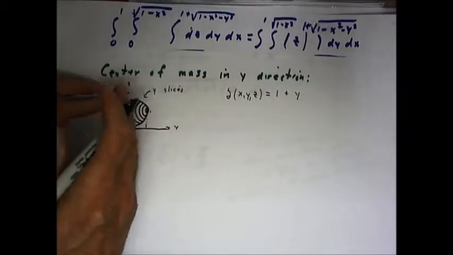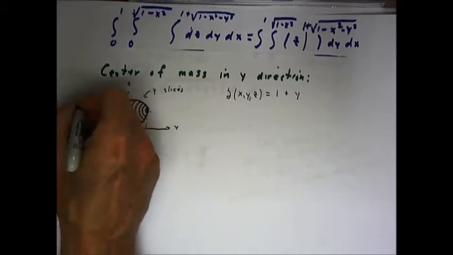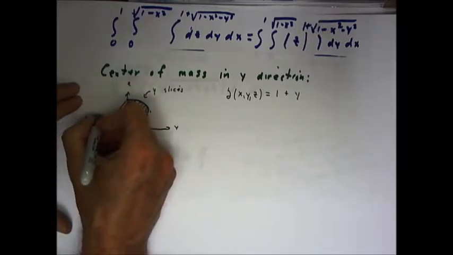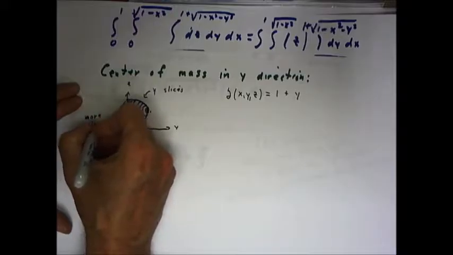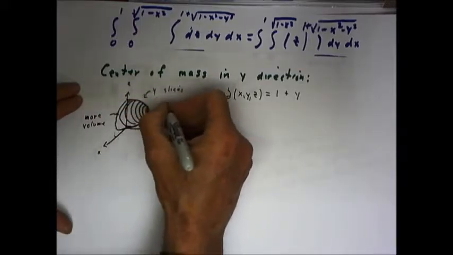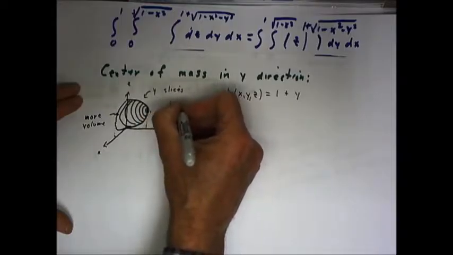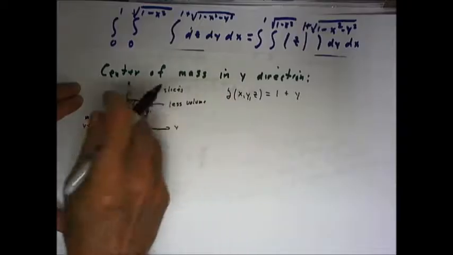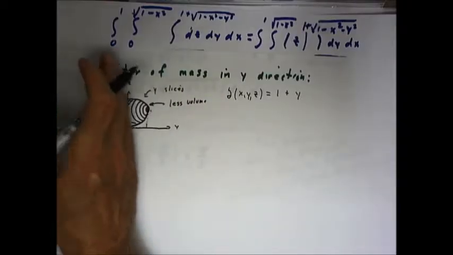Now, if the y intervals are uniform, we have more volume in the first several slices than we do in the slices over toward this extreme.